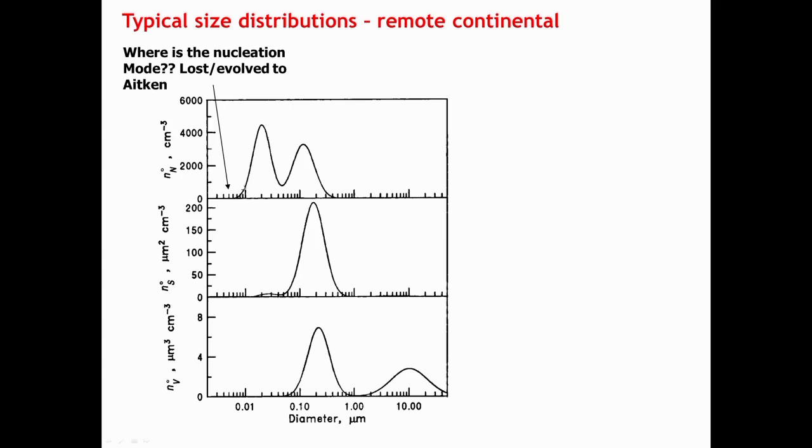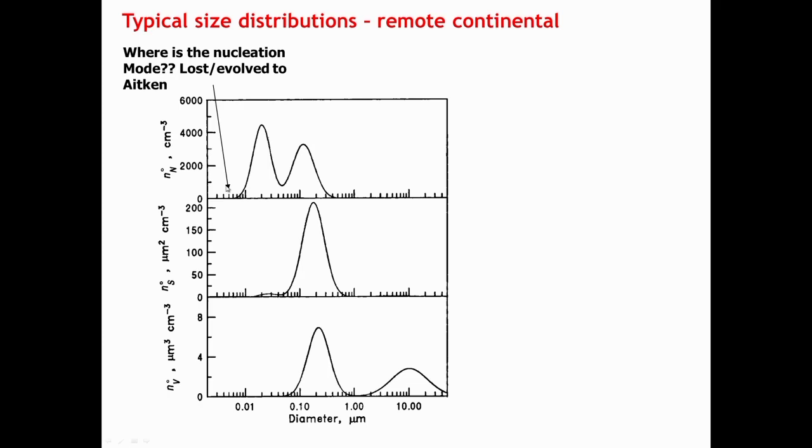So note in this picture here, this smallest size is 0.01 microns. So that's 10 nanometers. And this is a remote continental size distribution.